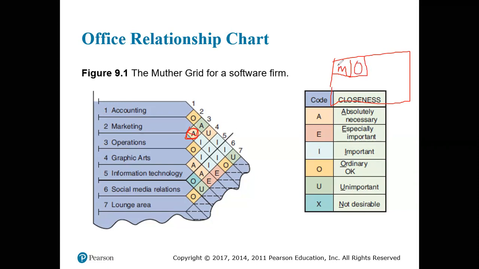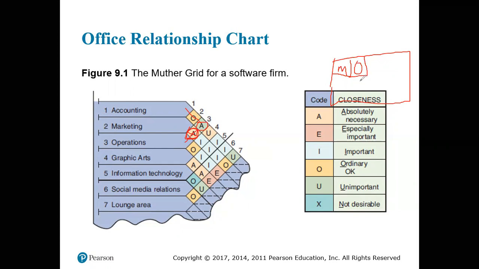And I also see another A over here. That tells me that the guys in operations should also be immediately right next to the people in accounting. So the way to read this is there's a connection along this diagonal scale where operations and accounting should be close to each other.